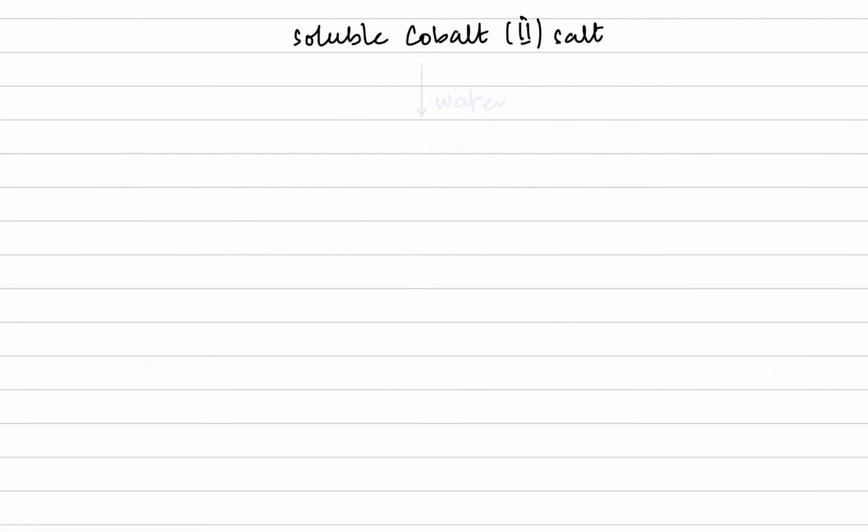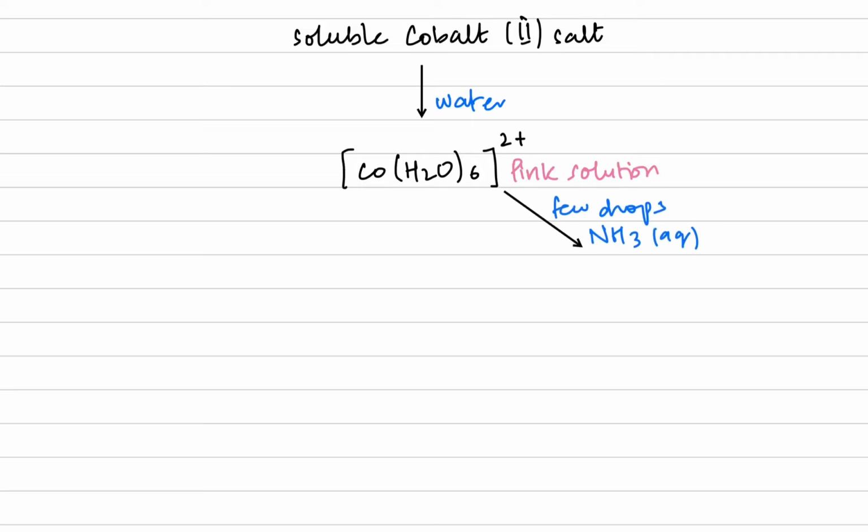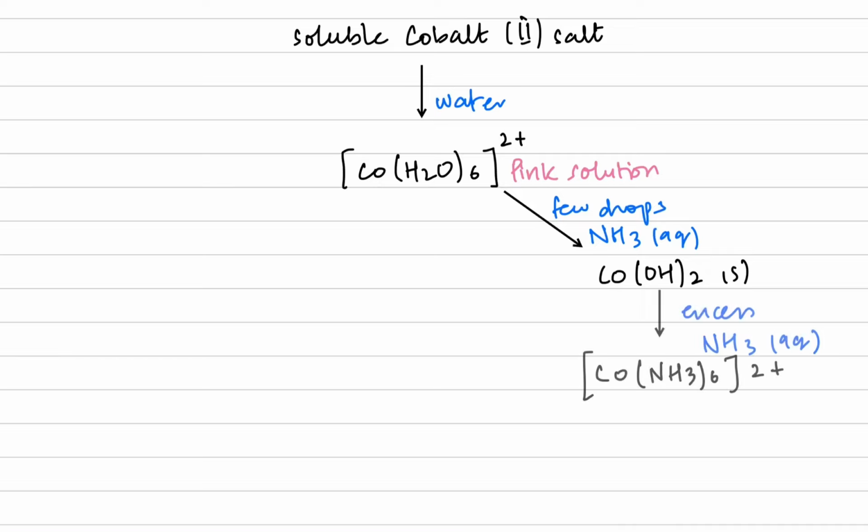Imagine you have a cobalt 2 salt where cobalt has a +2 oxidation state. You dissolve it in water to get a cobalt complex where water is the ligand. It has a pink color. But when you add a few drops of aqueous ammonia, it forms a precipitate of cobalt 2 hydroxide.